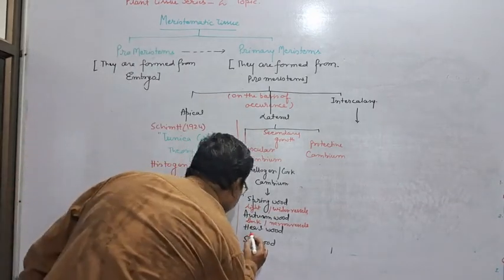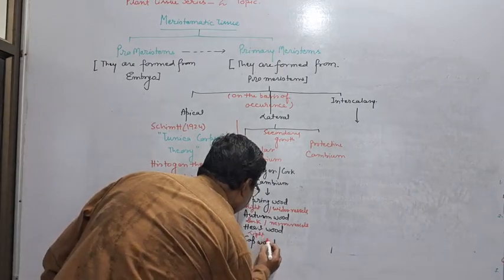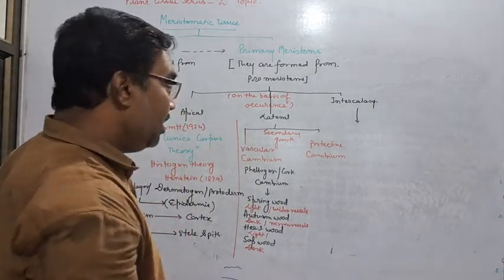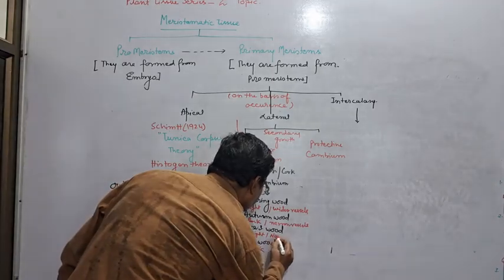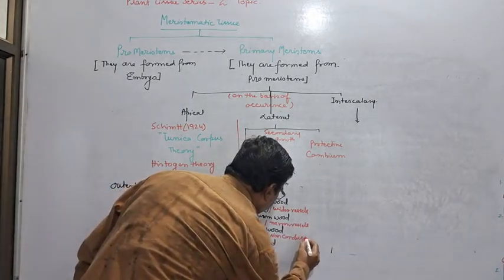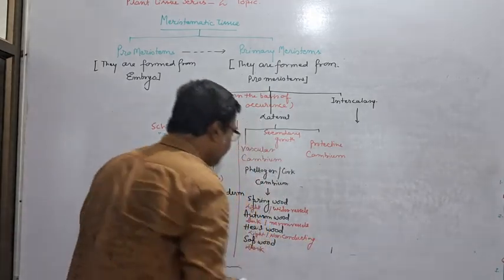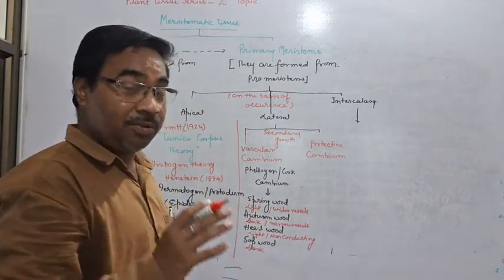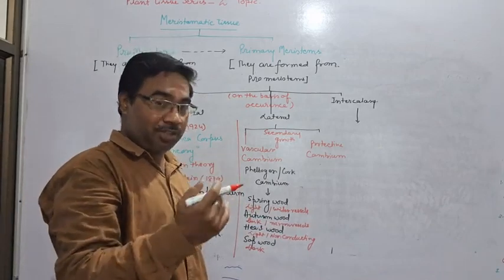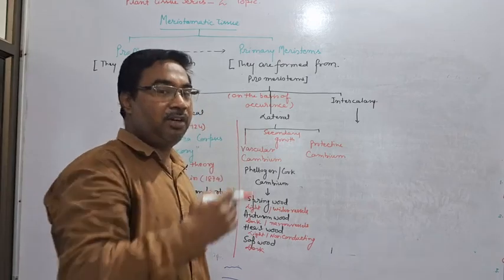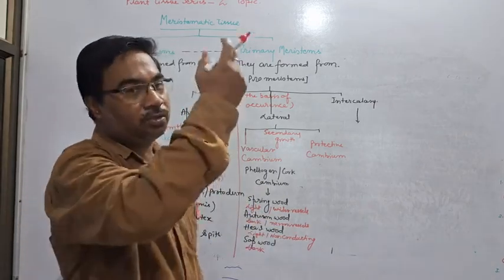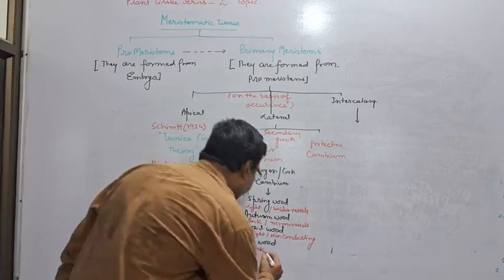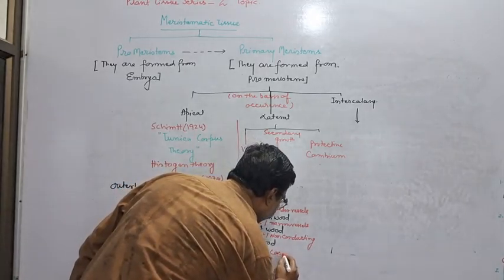Now sapwood is light in color, and heartwood is dark in color, and heartwood is non-conducting. Non-conducting means this type of modification of xylem will not help in the conduction of water and minerals. You know that xylem has the main function to transport water and minerals, after absorbing from the root, to different parts of the plant. But heartwood will not conduct water; on the reverse, sapwood will conduct water.